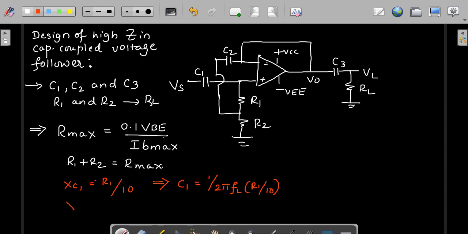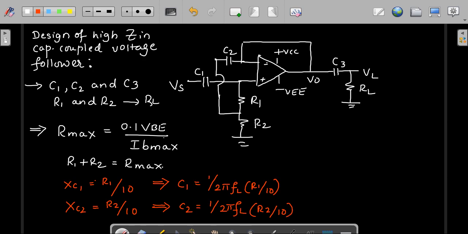Similarly, by virtue of its relationship with R2, I will write XC2 equals R2 by 10. It is taken to be much lesser than R2. How much lesser? About 10%. I have already told you these things in the previous class. So my C2 is given by 1 divided by 2 pi fL into R2 divided by 10.